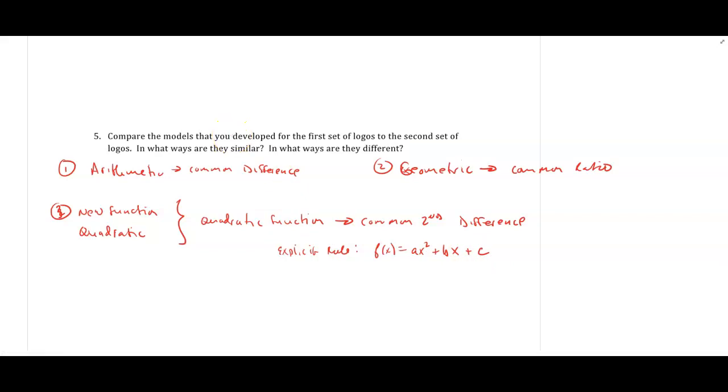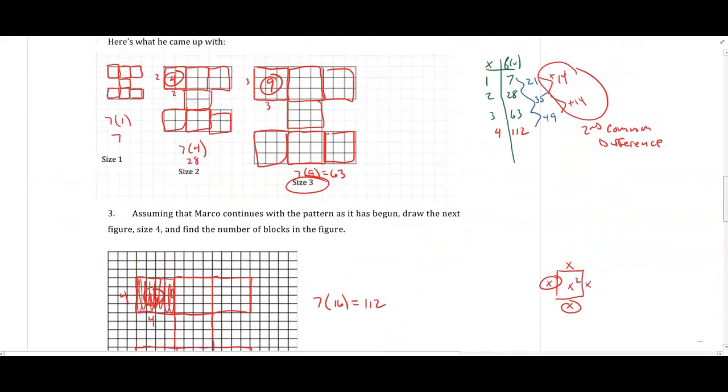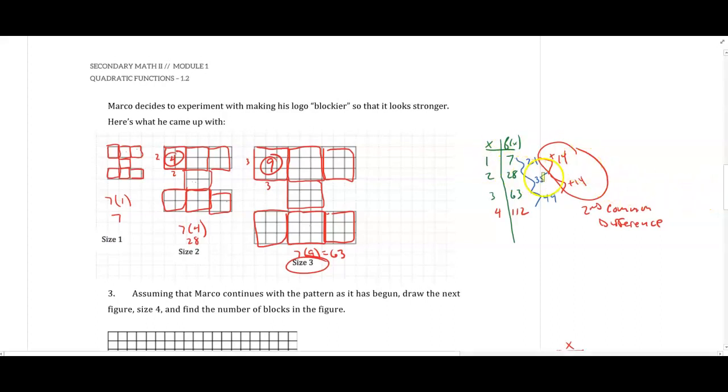The only part that makes this quadratic is this x squared part. And when we talk about the second common difference, as I go back up here, if we find the common difference, it's not the same. But if we find the second common difference, these end up being the same. And as soon as you get a pattern with the second common difference, you know it's going to be quadratic.